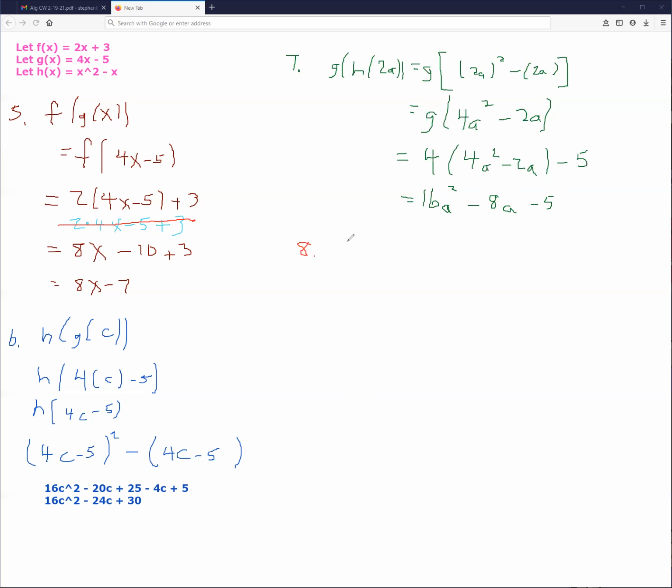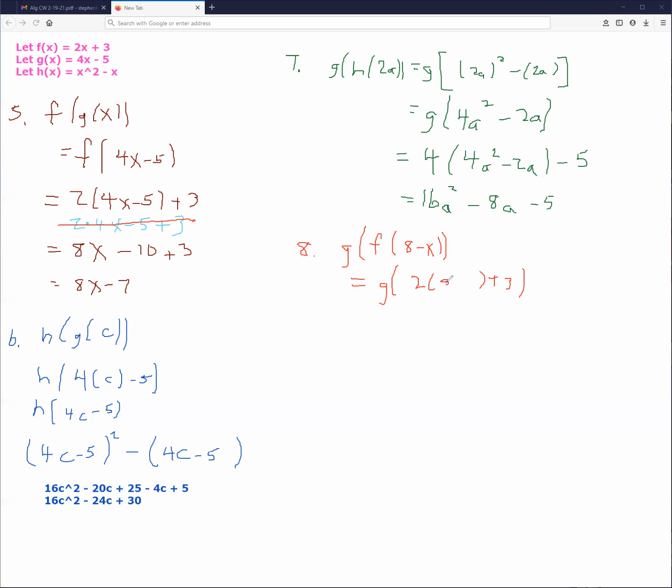What if we said g of f of, we have a 2 already in this question, what if I said 8 minus x? All right, this looks like it might be gross, but let's find out. g of f. f is 2 times stuff plus 3.